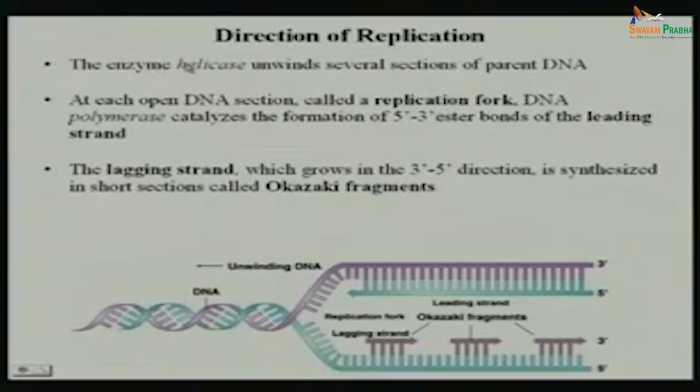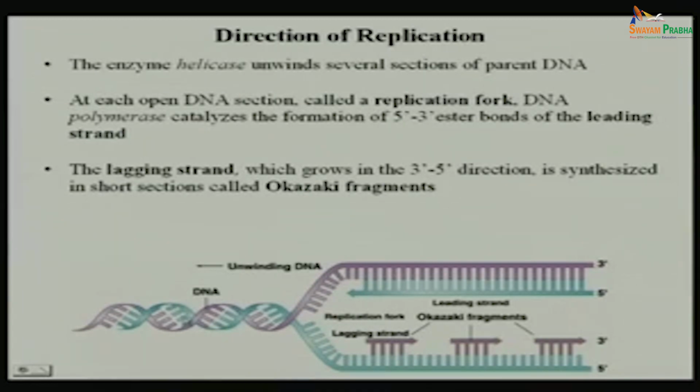The enzyme helicase unwinds several sections of the parent DNA, at each open DNA section called the replication fork. So, here this is the opened-up form, that is the replication fork, where DNA polymerase catalyzes the formation of the 5 prime to 3 prime ester bond of the leading strand.